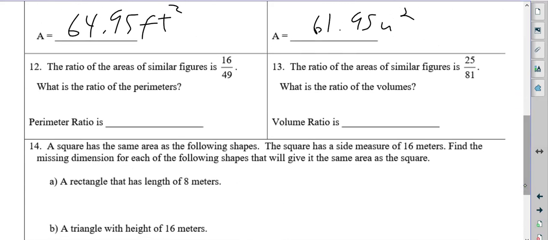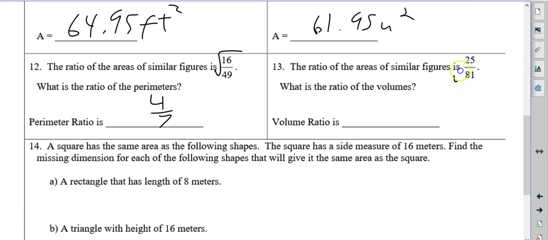Right. The ratio of areas is 16 to 49. What's the ratio of perimeters? So area is squared, so we're going to square root this and get 4/7. The ratio of areas is 25/81. What about volume?